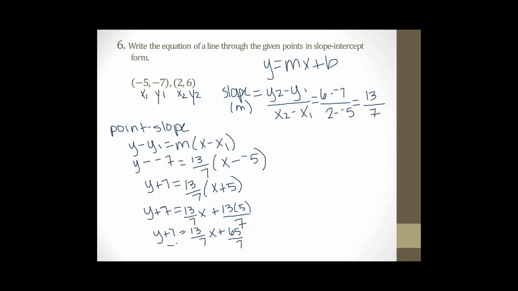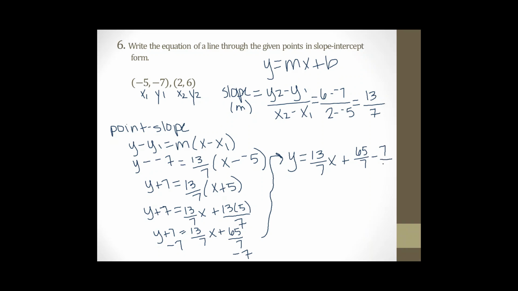Now I need to subtract 7 because I want to isolate my y so it can be in slope-intercept form. So that's going to be y equals 13 over 7x plus 65 over 7 minus 7. So 65 over 7 minus 7. We need to get common denominators. The least common denominator will be 7.